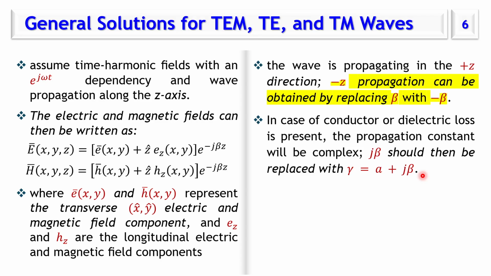So this is our starting point, the expression of E and H, time harmonic, considering only a wave propagating in the positive z direction. The wave propagating in the negative z direction can be obtained the same way. All we need to do is change this sign.